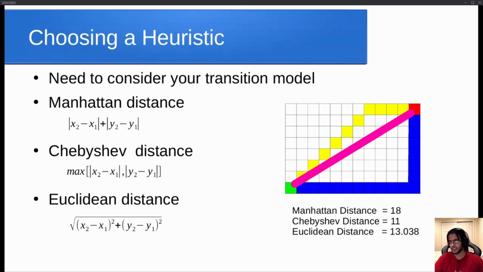Go ahead, Kay. Sorry. Yeah, that's actually why I didn't cover Chebyshev distance: in this competition you can only move 90 degrees, because that's what the simulator limits you to. The Chebyshev distance wouldn't be wrong to use.